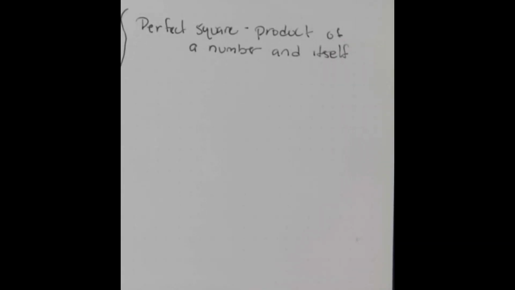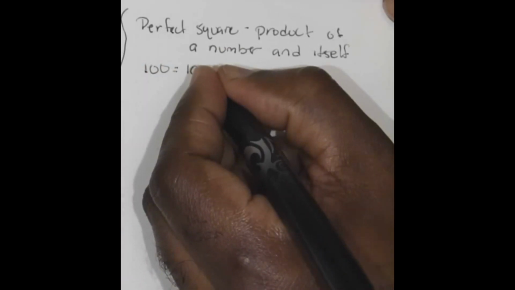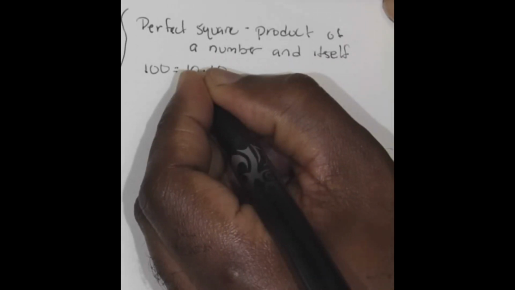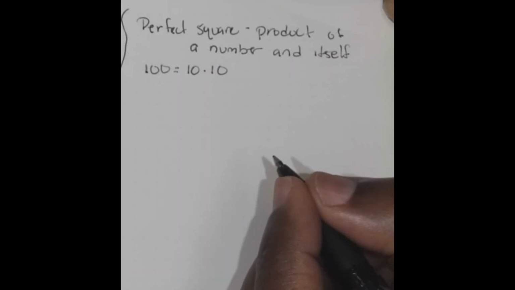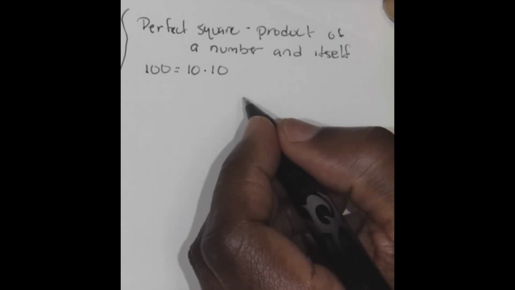For instance, 100 is a perfect square because what times what would give you 100? 10 times 10. A number in itself gives us 100. So 100 is a perfect square.